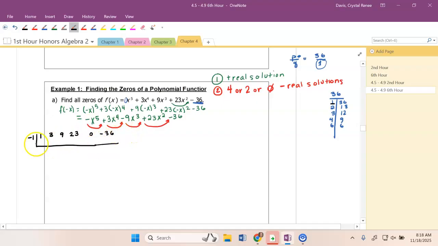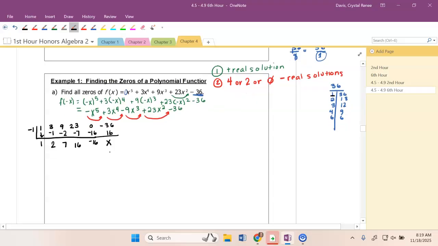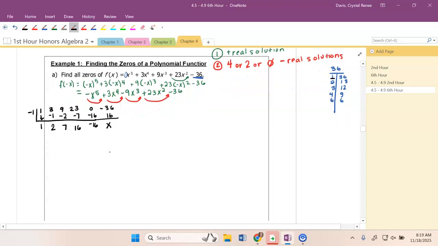Bring my 1 down. 1 times negative 1 is negative 1. 3 plus negative 1 is 2. 2 times negative 1 is negative 2. 9 plus negative 2 is 7. 7 times negative 1 is negative 7, and that gives 16. I don't even have to think about the rest because I know it's not 0. Remember, it's a factor if my remainder is 0, and my remainder is not 0. When it's not easy, I'm not going to waste my time.